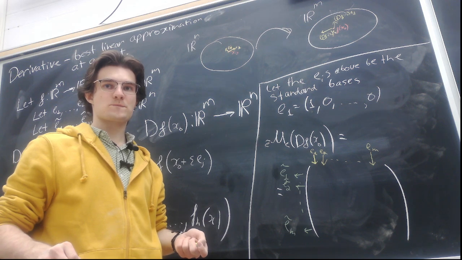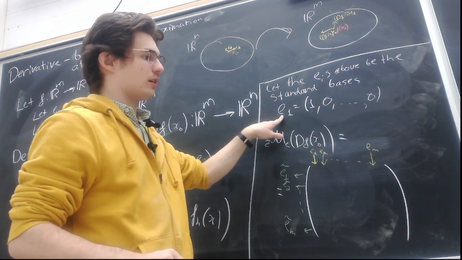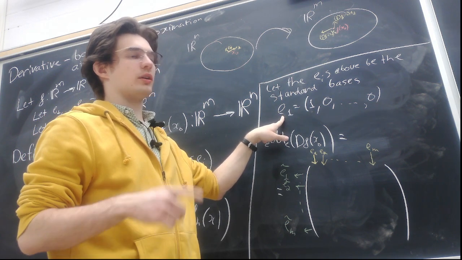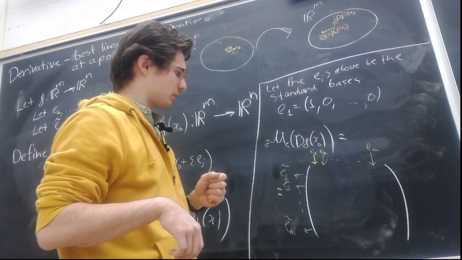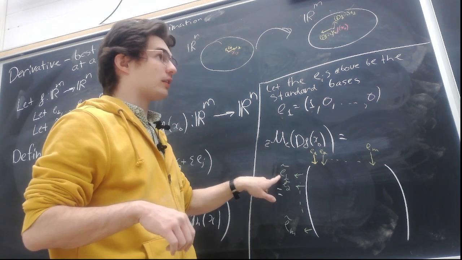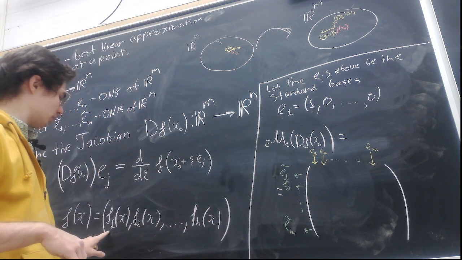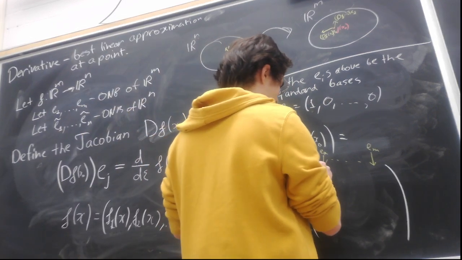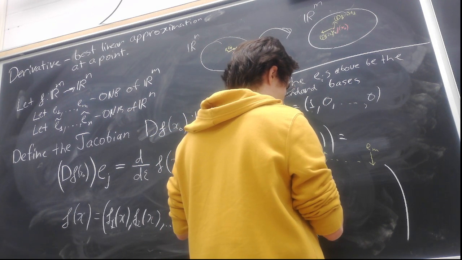Taking a derivative in this direction is as if I was taking the derivative with respect to the coordinate x1. We'll see why that works in a second. And this says I want to look at the first component of the output, which is f1. So this has to be the partial derivative of f1 with respect to x1.